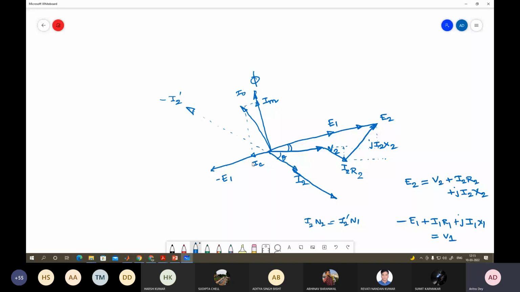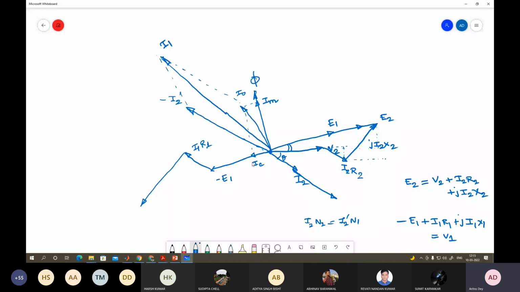Now you should find the phasor sum of these two. So if I complete the parallelogram, this is your phasor sum, which is your I1. So now you have your I1. So I1 R1 in phase, and then this is your I1 J X1.